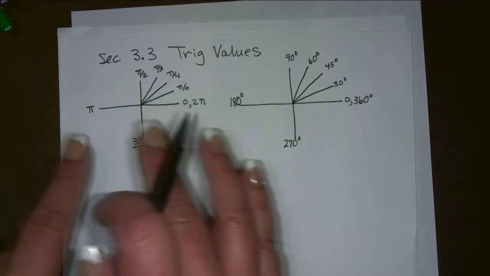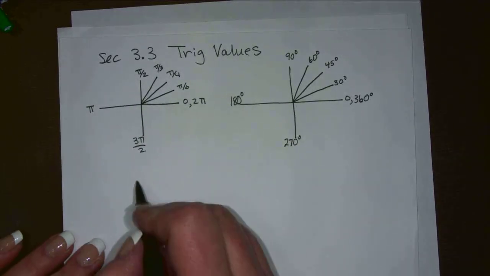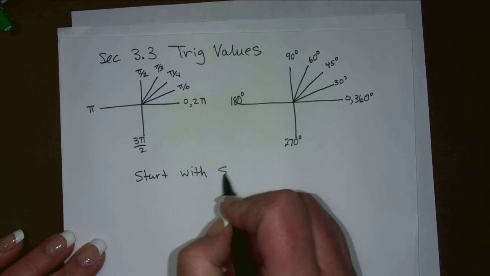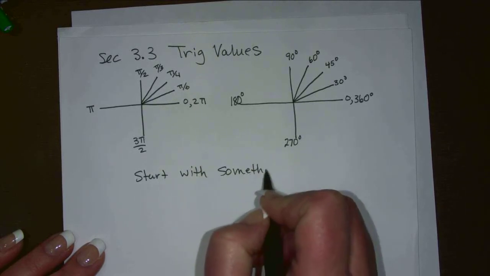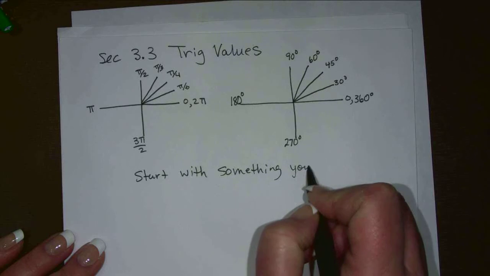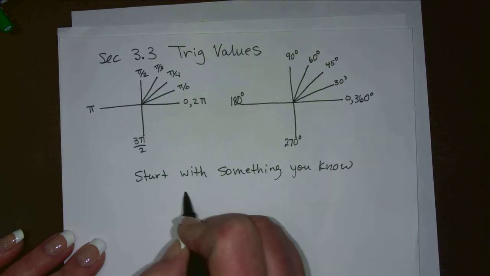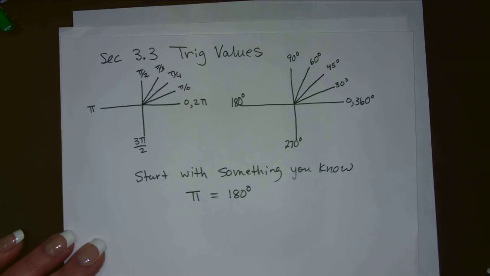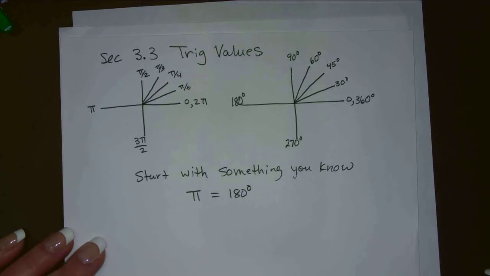So we're going to take any one value that we know. So start with something you know. So for example, we might say, okay, pi is equal to 180 degrees. So that's one that we know, but it could be any of them. The rest of them have fractions, so this is the only one really with no fraction in it.